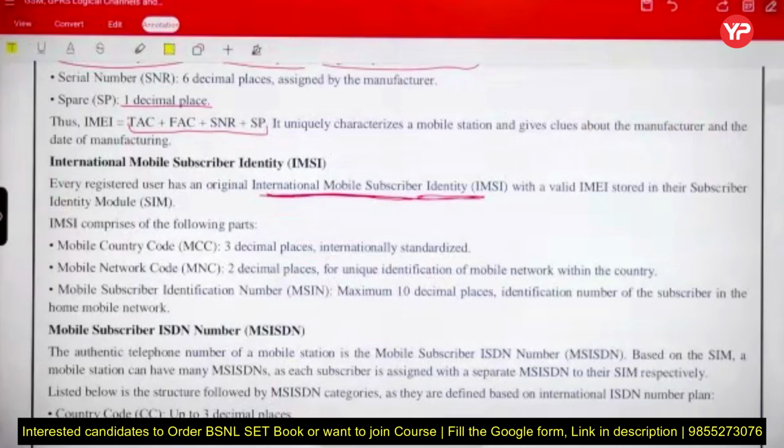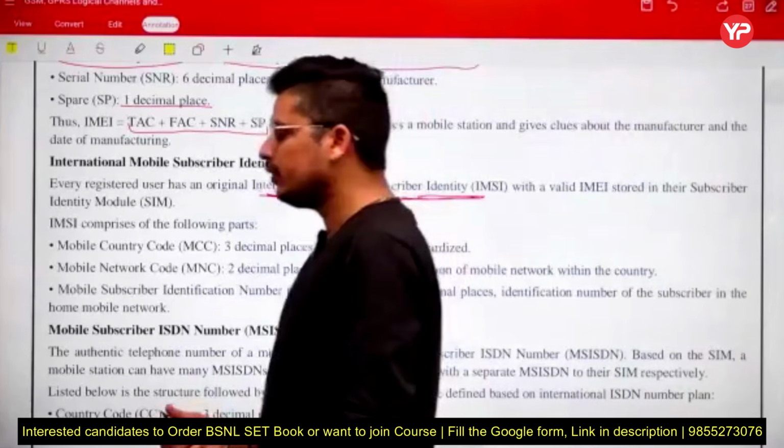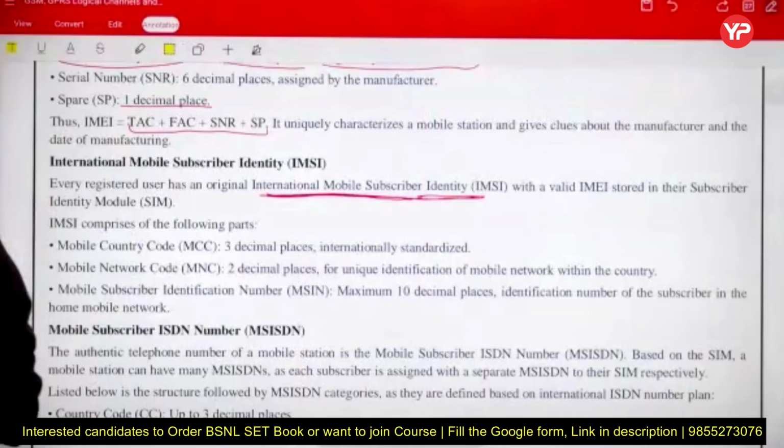It is a valid identity, and that information will be stored inside your SIM. SIM means subscriber identity module.